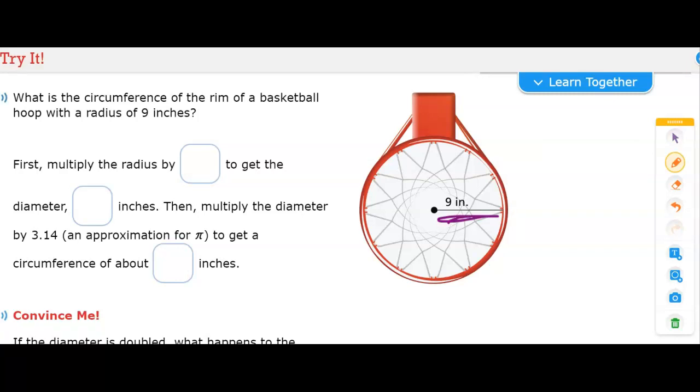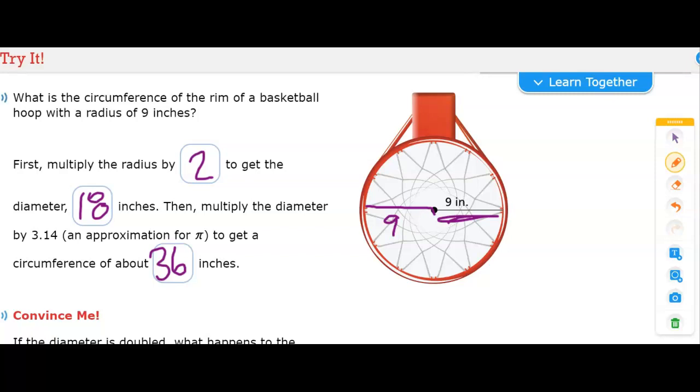If the radius is halfway, the other half would also be 9 inches. So we multiply the radius by 2, because 9 times 2 is the same as 9 plus 9, and we get 18 inches. Then multiply the diameter by 3.14, which is an approximation for pi, to get a circumference of about 36 inches.